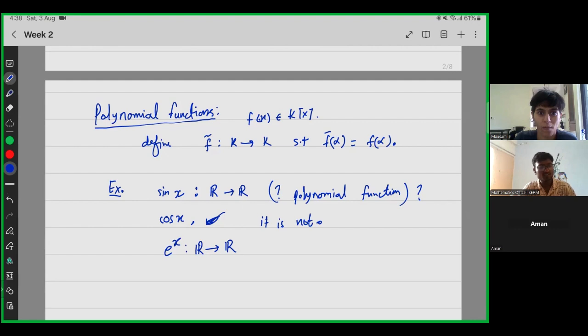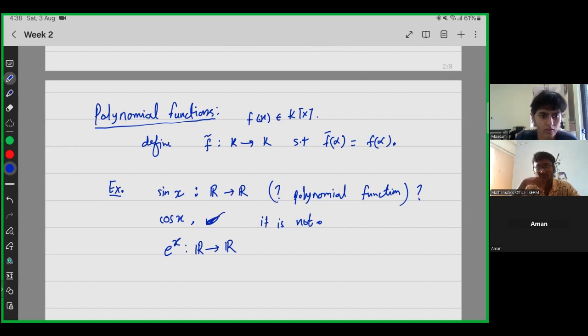Actually, every non-constant polynomial has some root, in some field extension. But e to the power x, if we go over complex numbers, has roots, right?